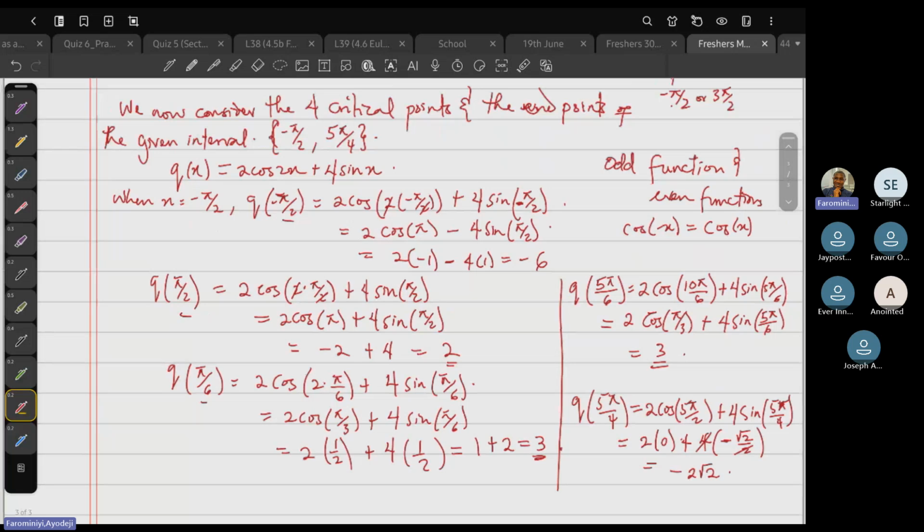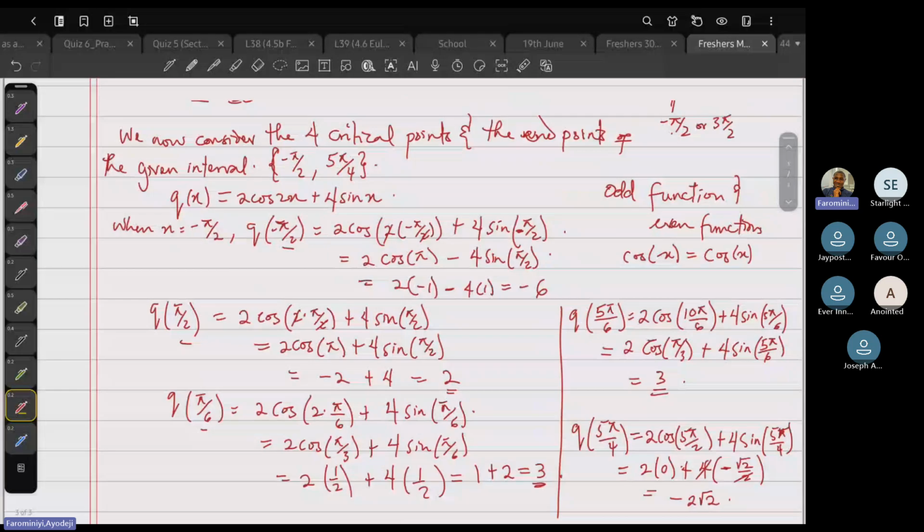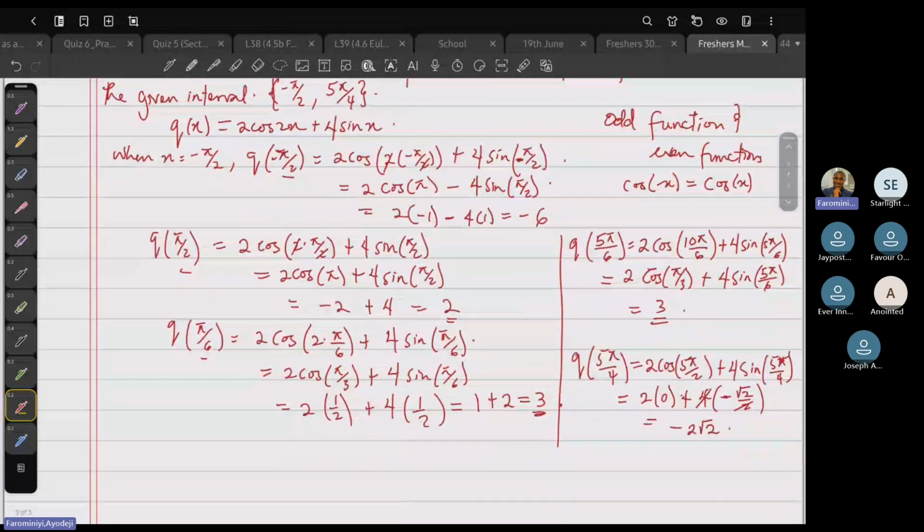So it means that is the absolute minimum within this interval. And what is the absolute maximum? The absolute maximum is 3, gotten at pi over 6.